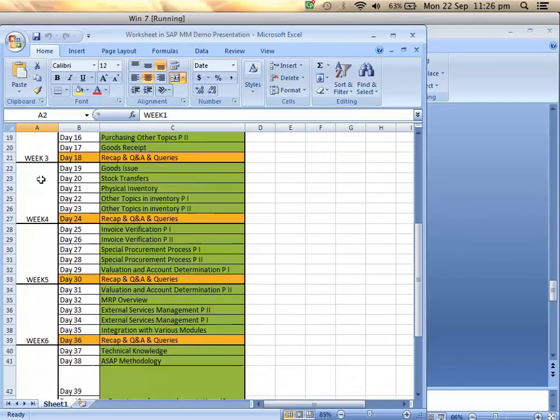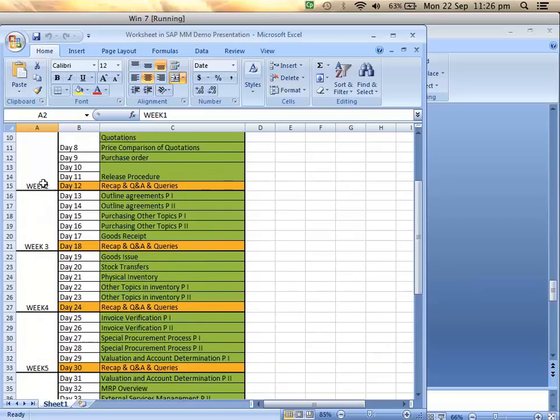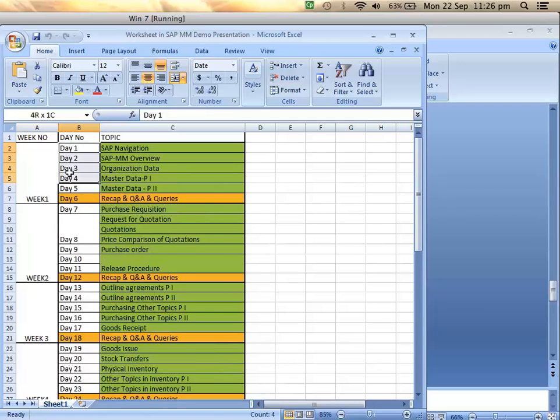We'll have around 8 weeks, or 7.5 weeks to be precise. Every week has the 6th day for recap, question answers, queries, and concerns. Everything would be taken up there. From day 1 to 5, whatever we cover, we'll have a basic recap and then close.